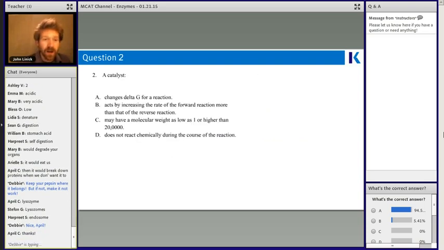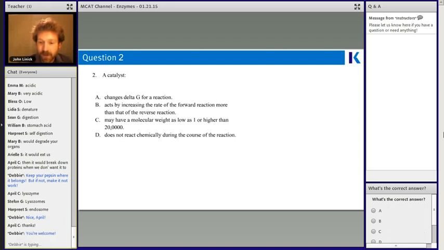All right, so that's the first one. Let's do another question here. Clearing this out. Put your answers in the poll as soon as you're ready.